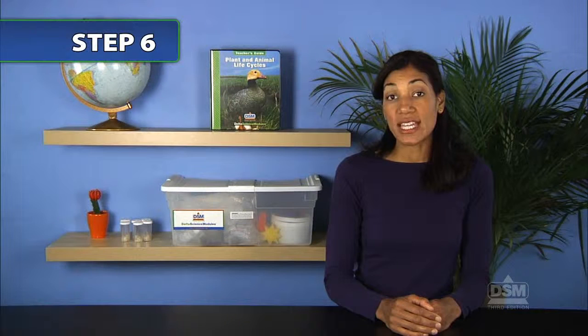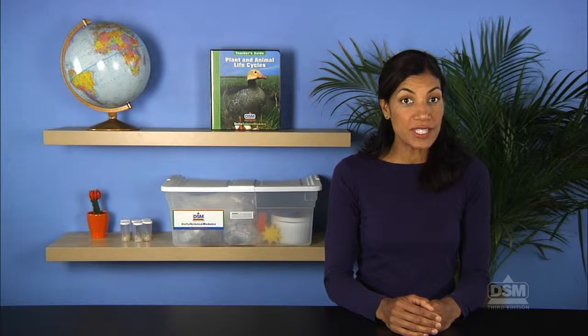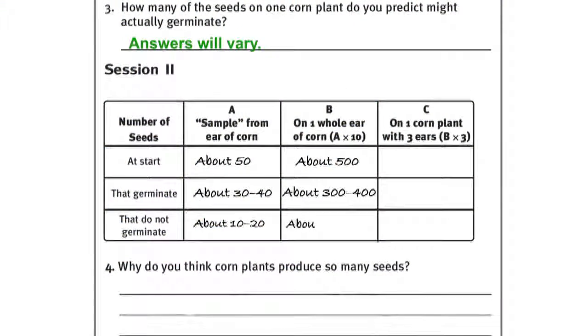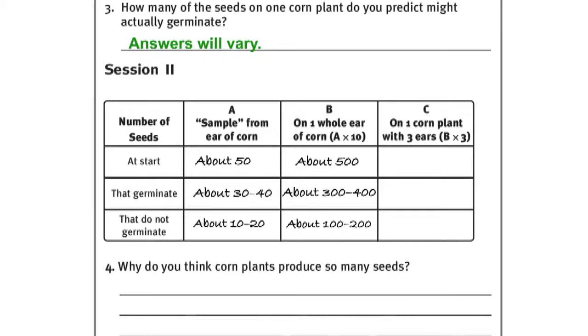Students should calculate the number of seeds that would have germinated on one whole ear of corn by multiplying the number of seeds that germinated by 10. Similarly, they should calculate the number of seeds that would not have germinated on one whole ear of corn. Instruct the class to record both calculations in column B of the chart.